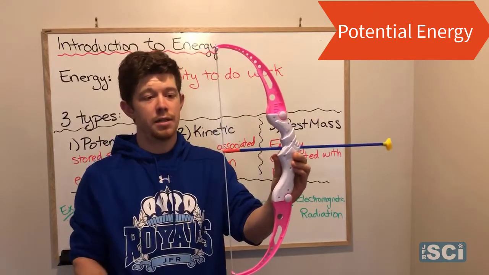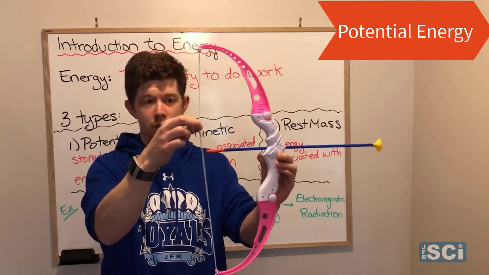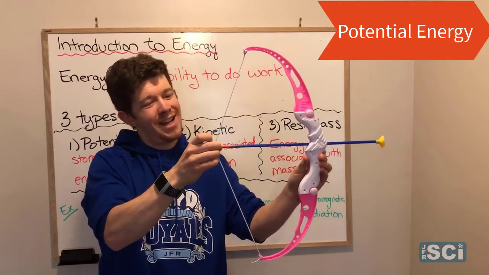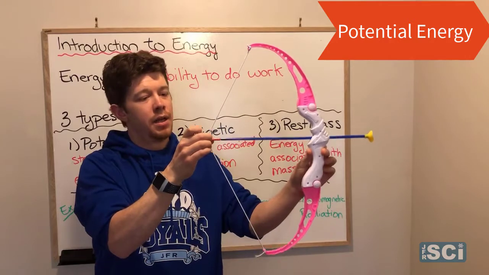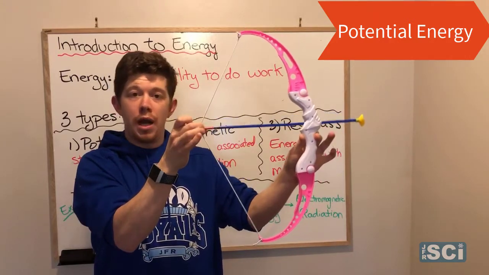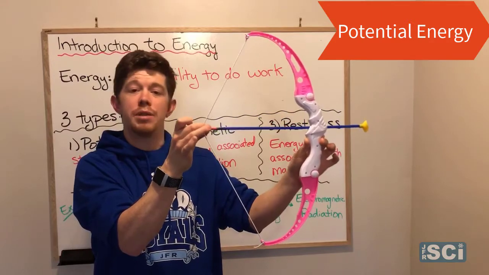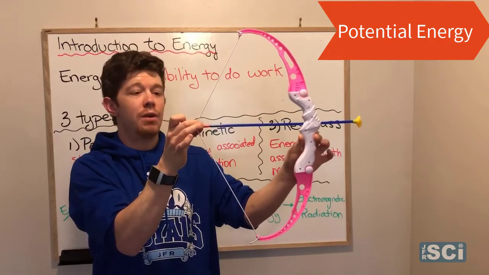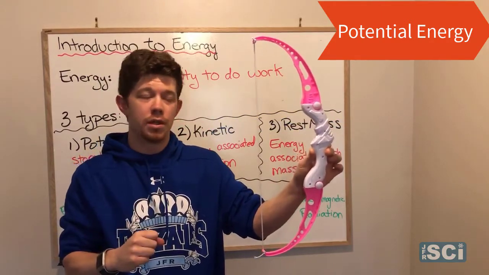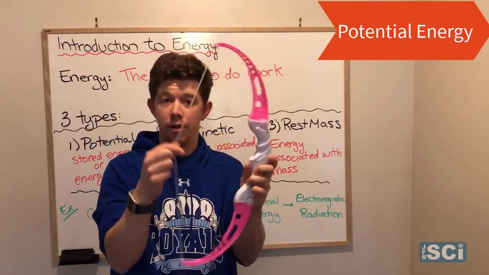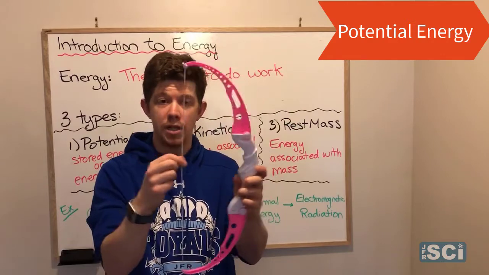However, if I connect it to the spring or this elastic here and I pull it back, I'm storing energy inside the elastic. So at this point, it is what I call elastic potential energy, because it has the potential to do something. Because if I release it, it's going to shoot the arrow. Okay, so that's a stored energy inside a material that is able to either compress or stretch.